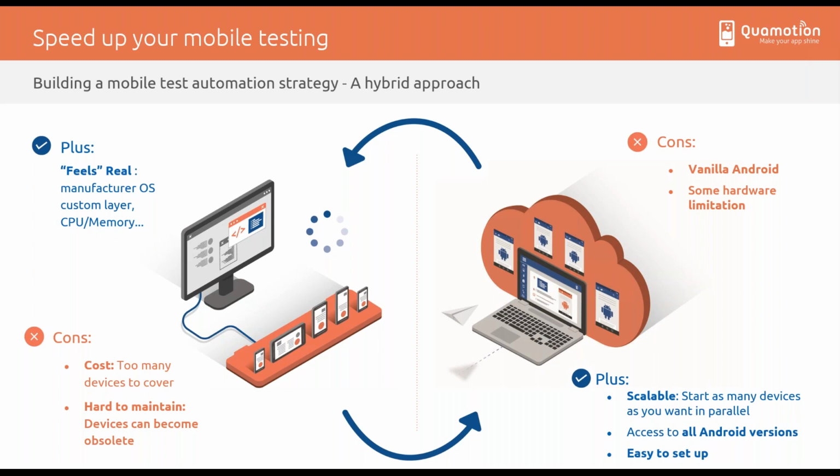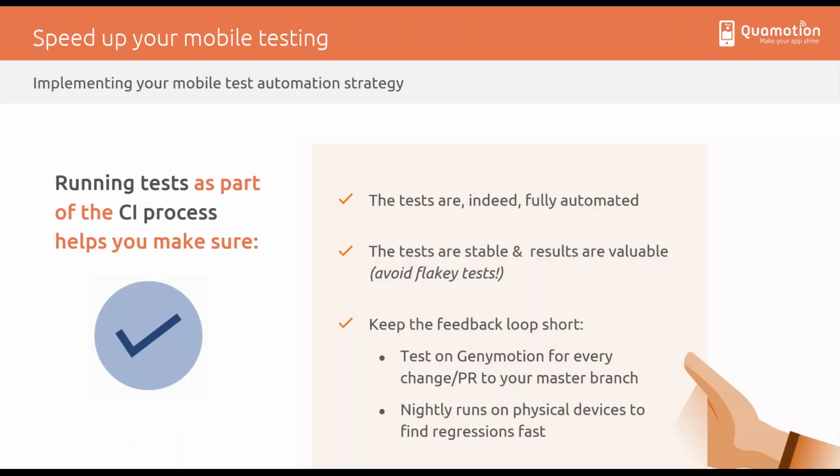So now that you've learned that adopting a hybrid strategy is recommended for testing your application, it is also important to know that your tests must run in a continuous integration process for several reasons.